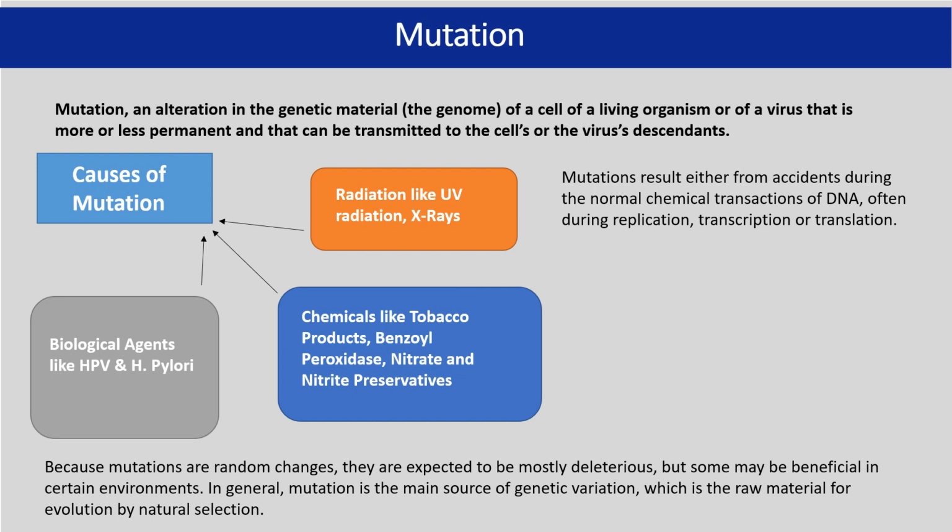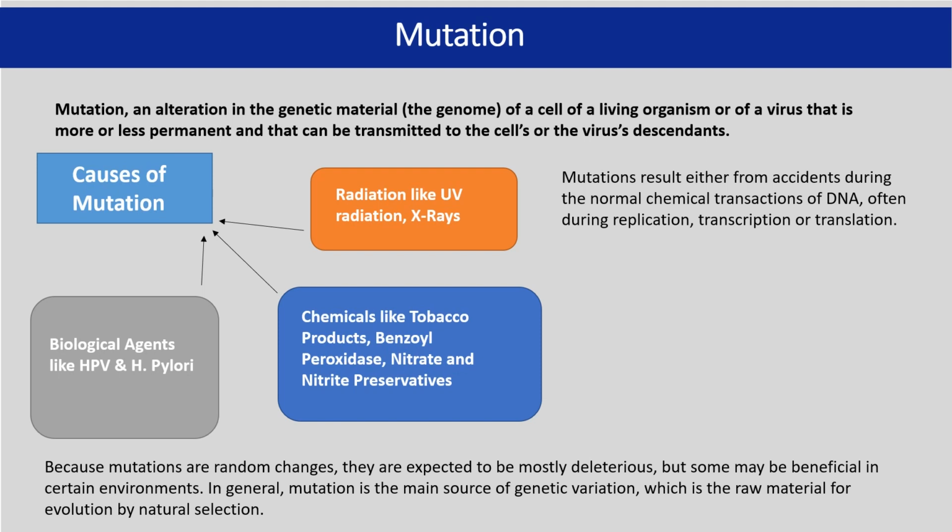If we talk about biological agents, certain viruses like HPV and some bacteria like Helicobacter pylori can also cause certain mutations. Mutation can also occur spontaneously during the transactions of DNA. It can happen during replication, transcription or translation.